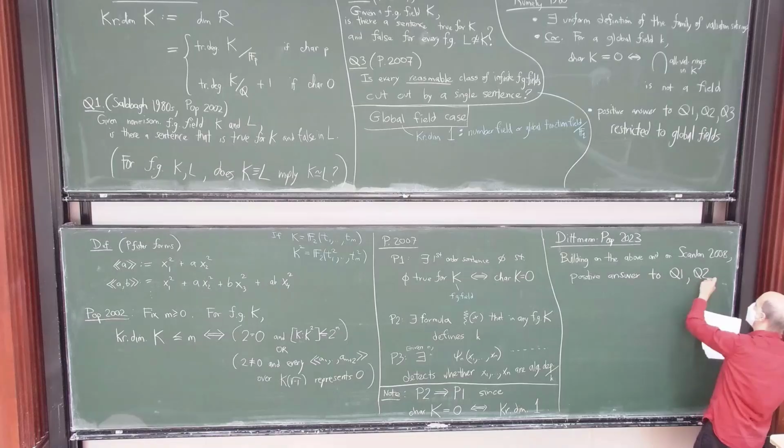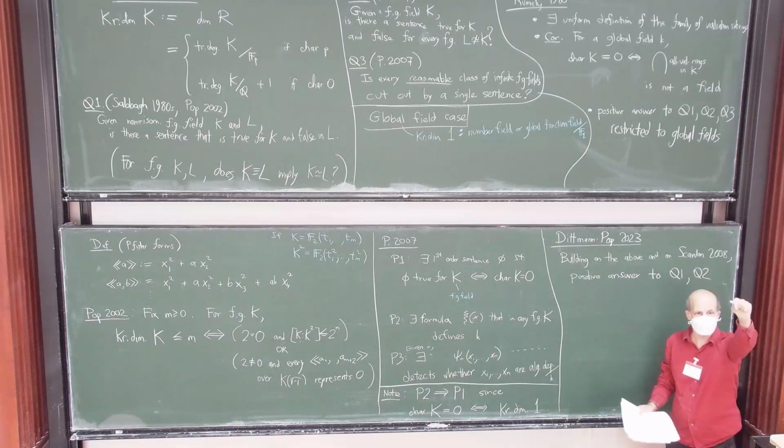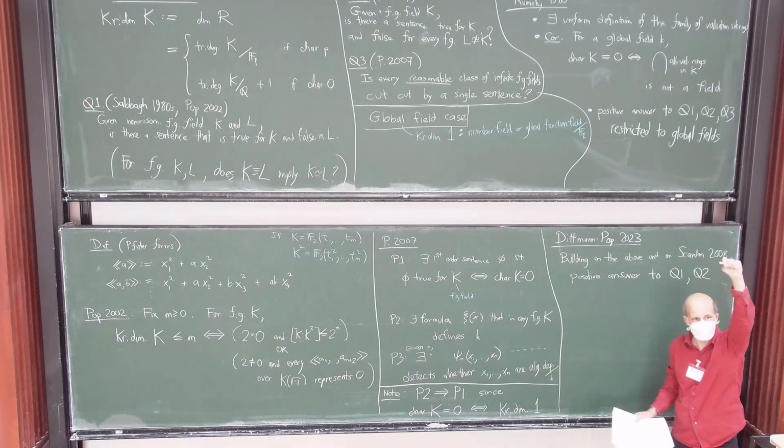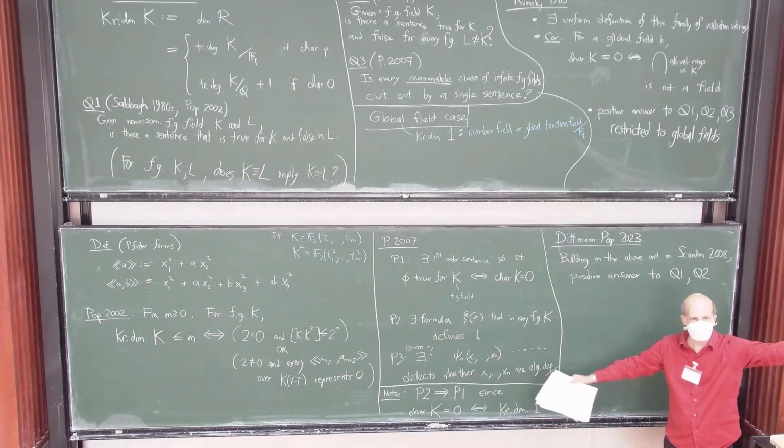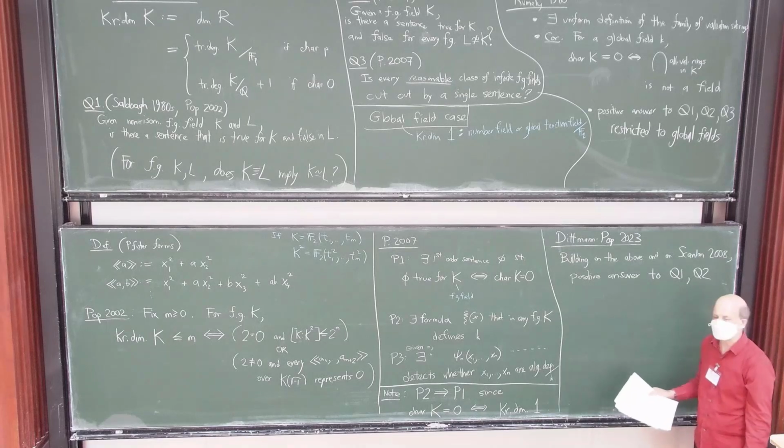So they're able to identify any single finitely generated field, distinguish it from all others with a single first order sentence.